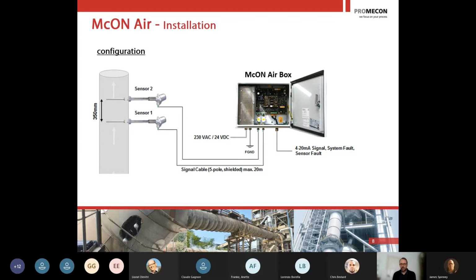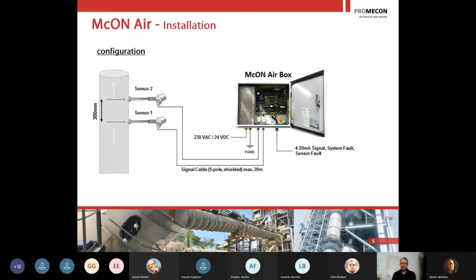Within 20 meters should be possible. And then of course for the DCS and for control purposes, there will be a 4 to 20 milliamp output for the measurement signal. And of course a sensor fault and system fault can also be connected to the Mechon Air box.